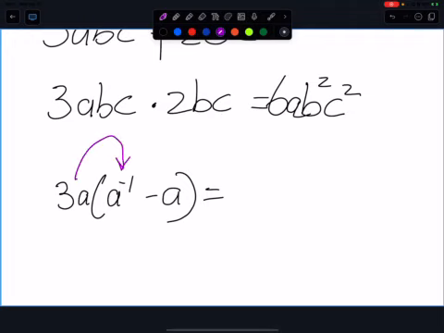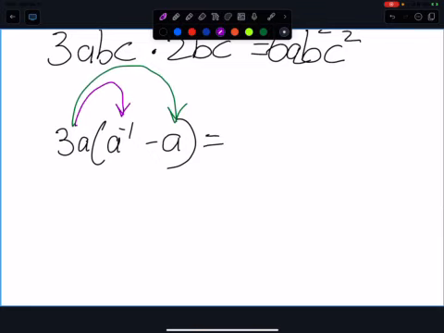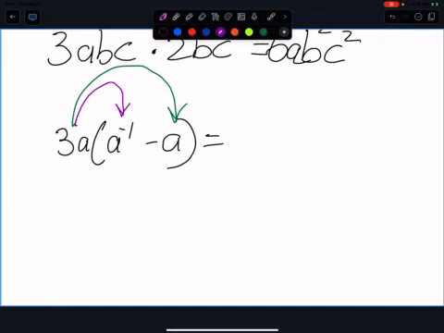Everything outside of brackets has to multiply everything inside of the brackets. So 3A multiplied by A to the power of minus 1. What does that mean? You have to look at what this piece only means. That means 3A multiplied by 1 divided by A. That's what it means.